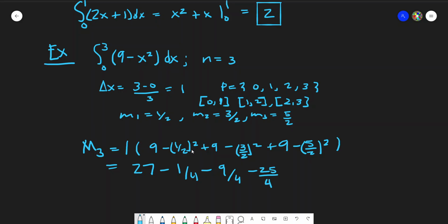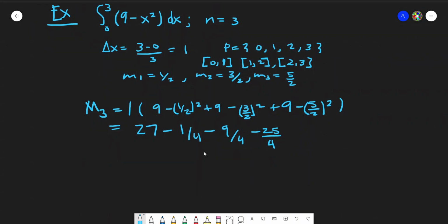Now, in either case, we could say that this is going to give you 27 minus 35 over 4. But now we can just take the common denominator and say 4 times 27, which is 108 divided by 4, minus 35 over 4.